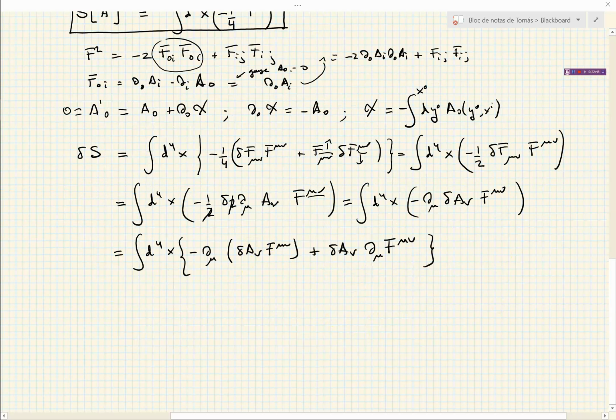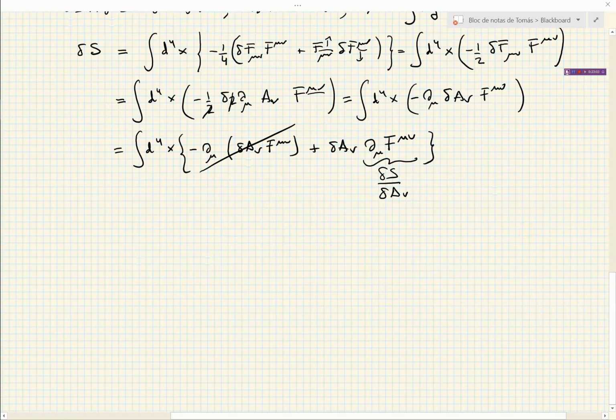I just use the Gauss theorem. So this term cancels, and we can identify this term, since here we have delta A nu, as delta S over delta A nu. And the conclusion is that delta S over delta A nu is partial mu F mu nu, and the equations are that this is equal to 0.